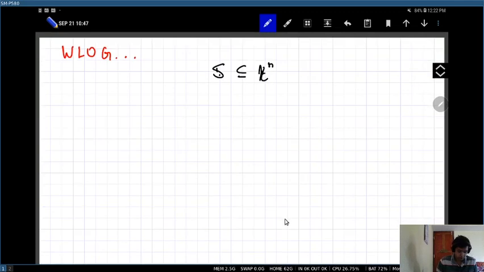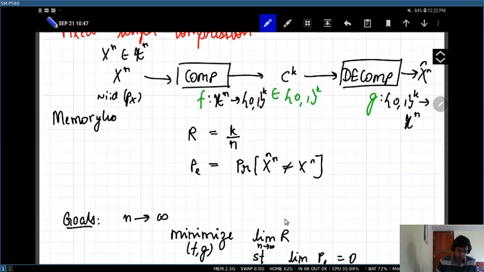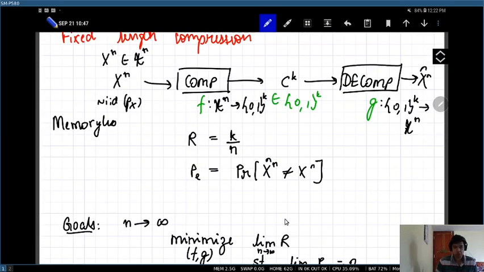Okay, so now I'll show that any fixed length compression scheme can be described in a very nice form. So let's revisit the basic problem formulation.